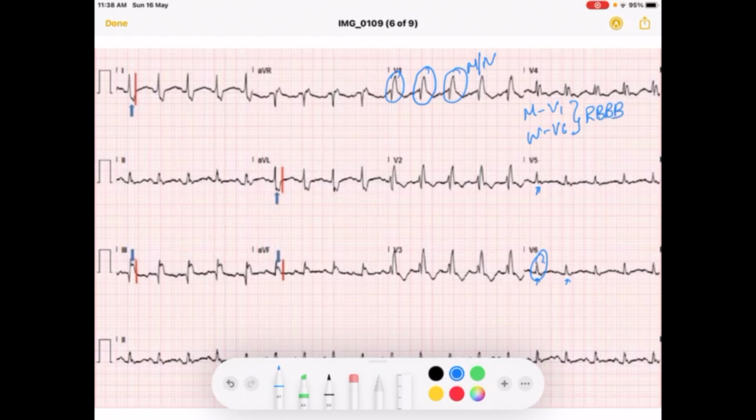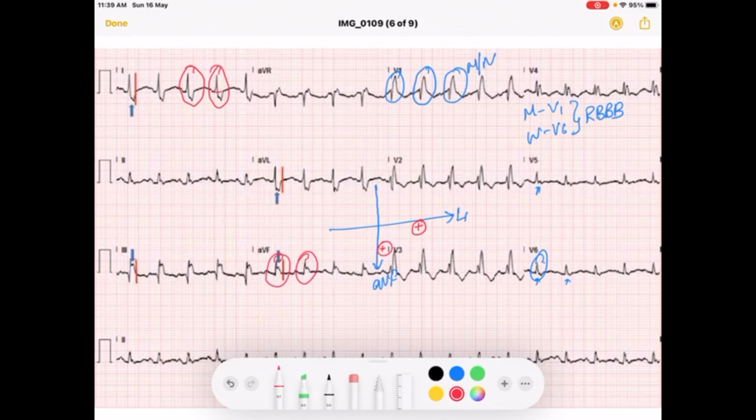Right bundle branch block. So now let's see the axis. Here lead 1 has both positive and negative waves, but more of it is positive. AVF is a positive wave.